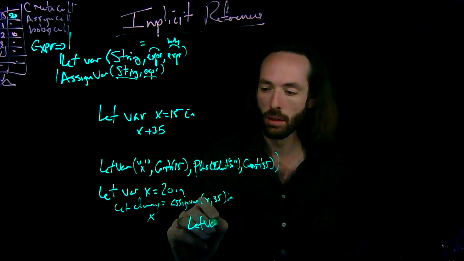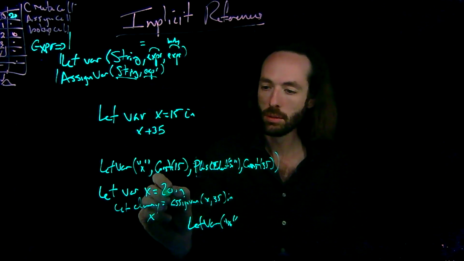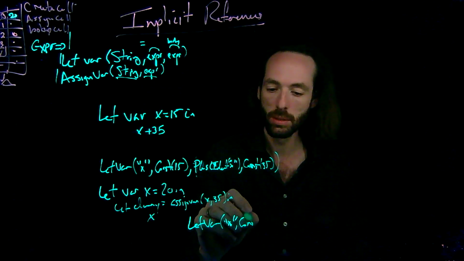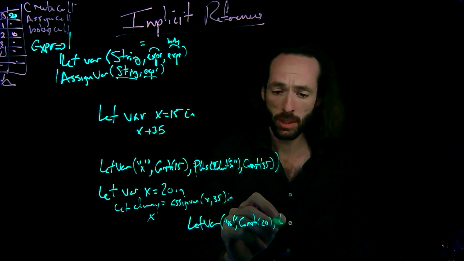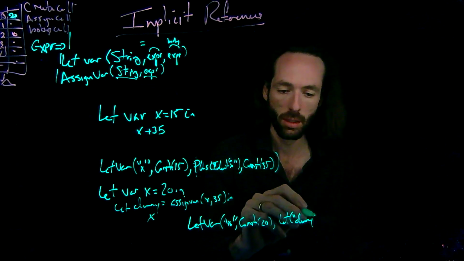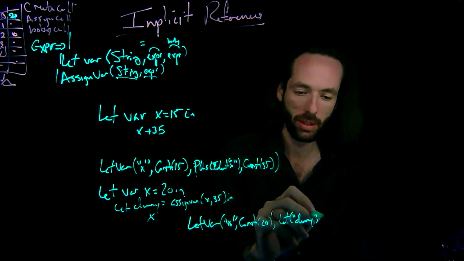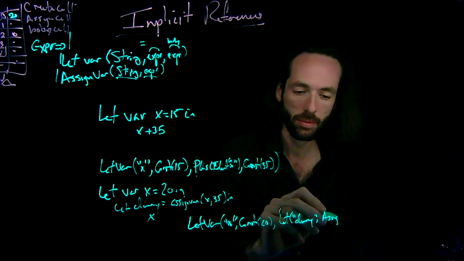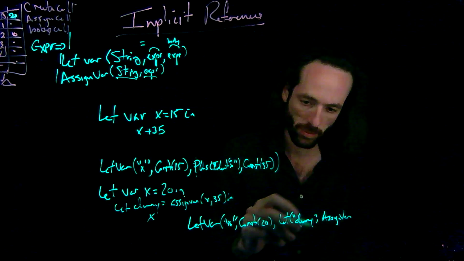So let var and then x, 20, const 20. And then this let statement, right, that's a normal let statement, which is going to be dummy in quotes because that's our variable name, and then we're going to have an assign var as the right-hand side of the equal sign.